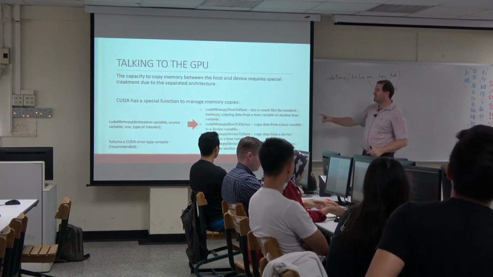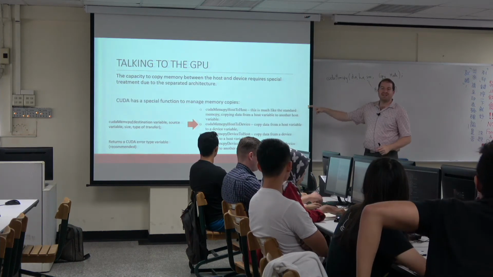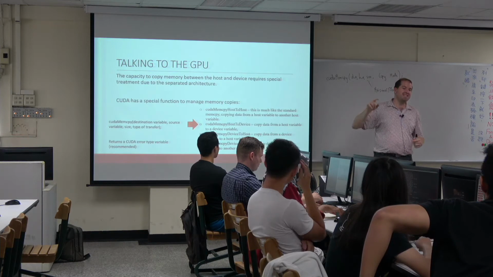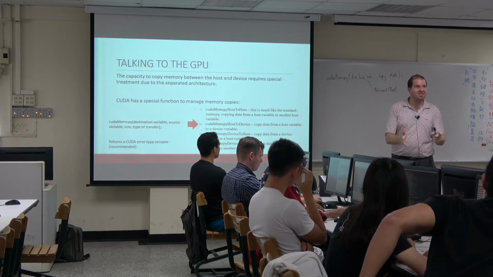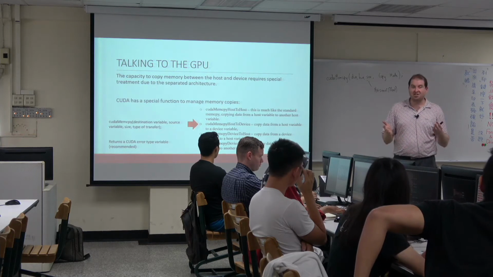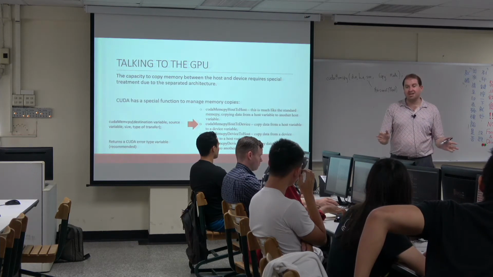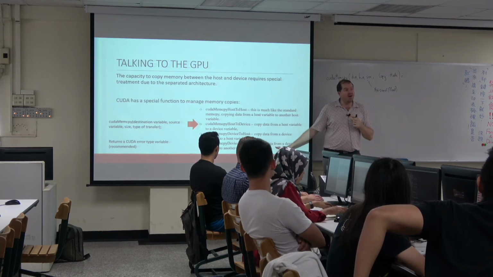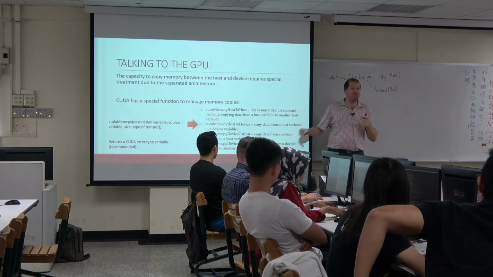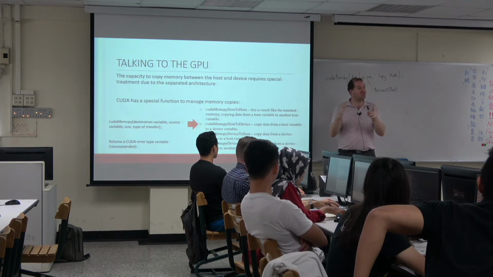The magic is host to host. CUDA memcopy host to host is basically copying memory on the CPU to some other place in memory on the CPU. That's just memcopy. We don't use that. We won't need it. And device to device. If you have a variable on the GPU that you want to copy onto another device on the GPU, we use device to device.